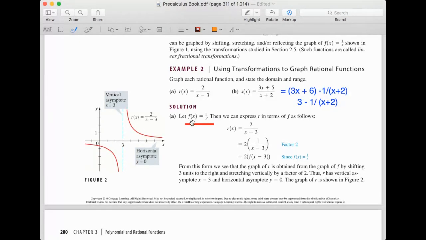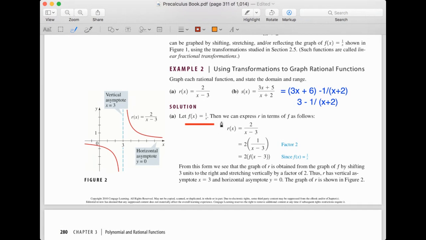So f is defined as 1 over the input. The input is x, f is 1 over x. Input is x minus 3, the output is 1 over x minus 3. So we're writing r of x in terms of f of x, 2 times f of x minus 3.